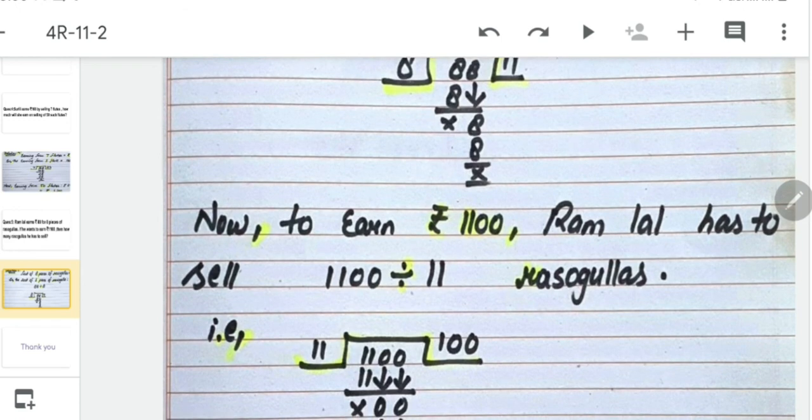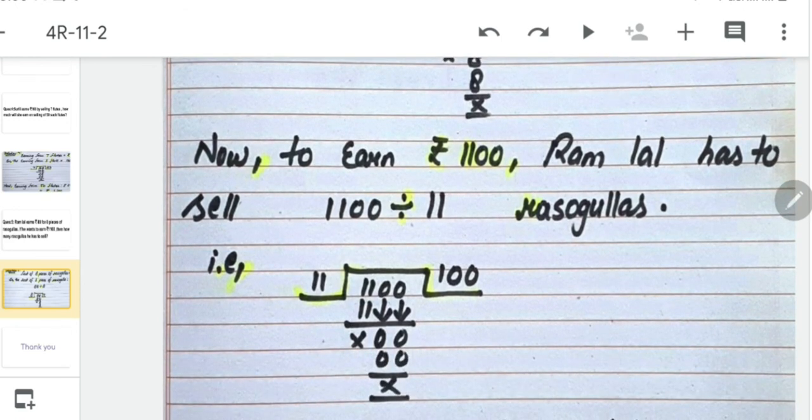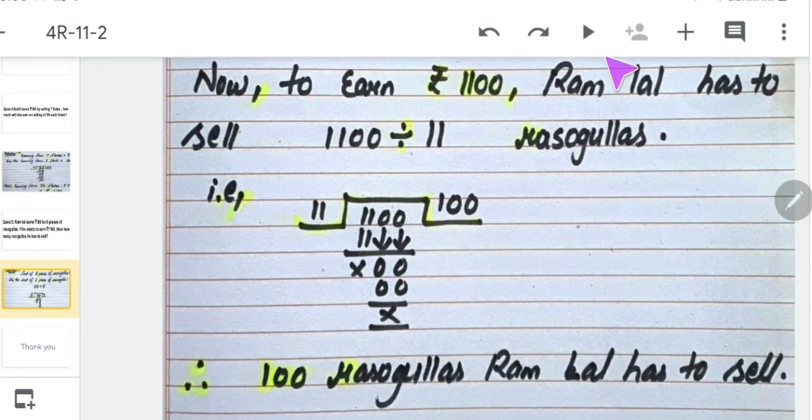Now the further question is, if Ram Lal wants to earn 1100 rupees, then how many pieces of rasgullas he has to sell. So you can see here, to earn rupees 1100, Ram Lal has to sell this many rasgullas. That means we have to divide 1100 by 11 to find out the number of pieces of rasgullas.